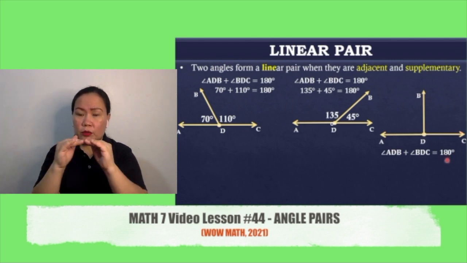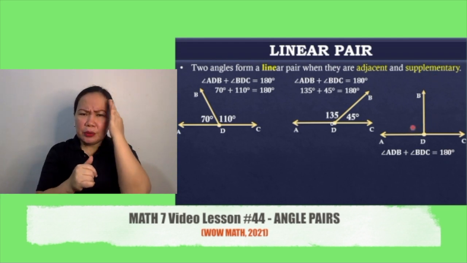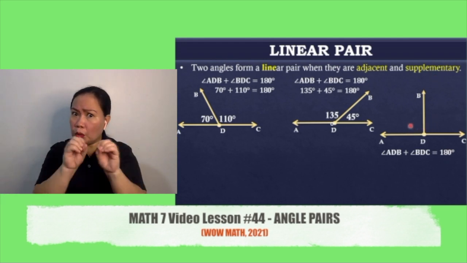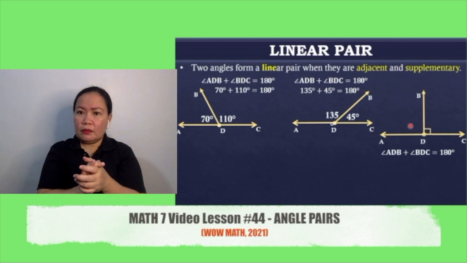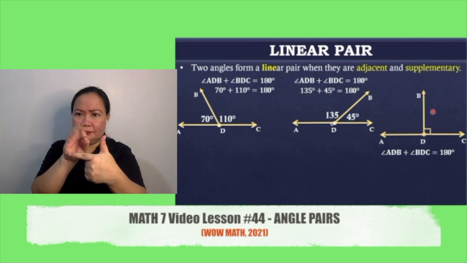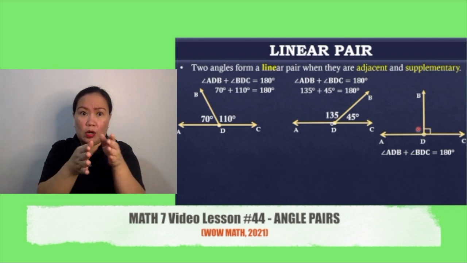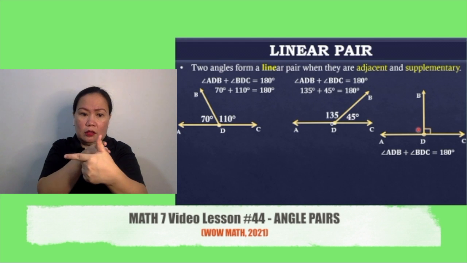Ibig sabihin, supplementary sila. Pero, how will you know? Wala namang measure. Kapag minsan, meron tayong ganitong symbol, yung foot, okay? So, if this is 90, so automatic, this is 90, diba? Nabanggit ko na to kanina. So, if this is 90, therefore, yung katabi niya is also 90 degrees.